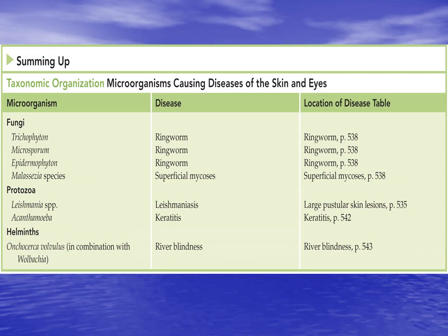And this is continuing with the fungi, the protozoan, and the helminths. And I didn't mention the helminths, but Onchocerca volvulus, in combination with a bacterium called Wolbachia, causes river blindness. We won't really talk about that since we don't see that in the United States.